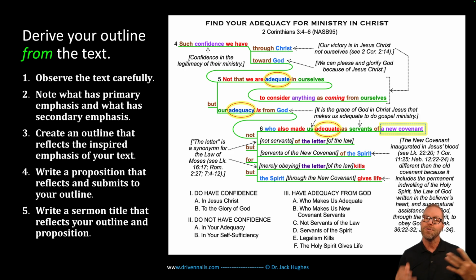If you didn't obey, you would be cursed, but if you obeyed, you would be blessed. But the new covenant, the covenant that the church is under now, that Jesus inaugurated in his blood when he died on the cross, as he tells us in the Lord's Supper, this is the new covenant in my blood. The new covenant, which is great, is that I'm going to bless you so that you obey.